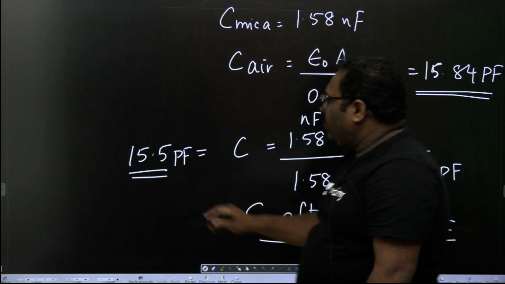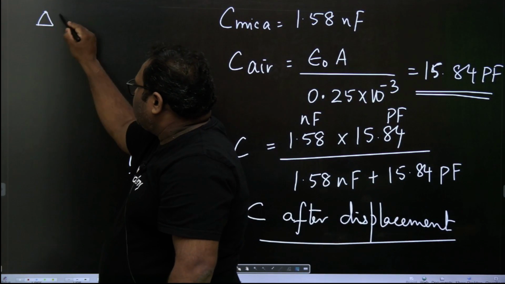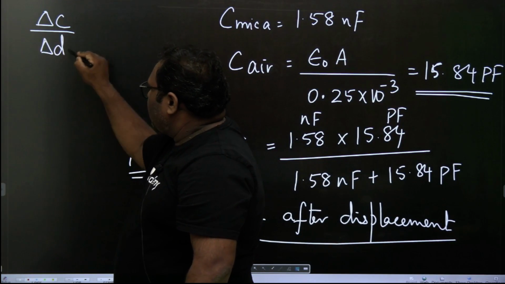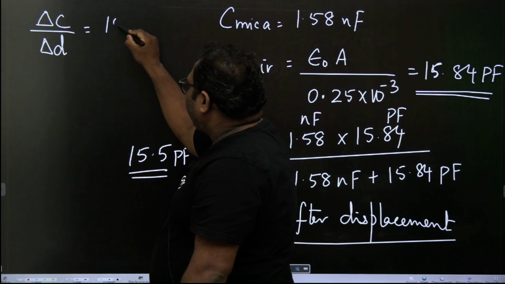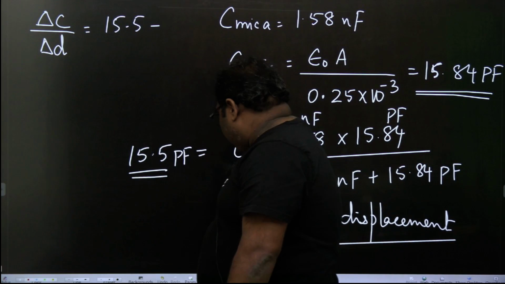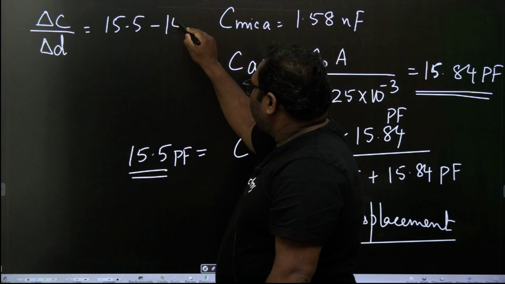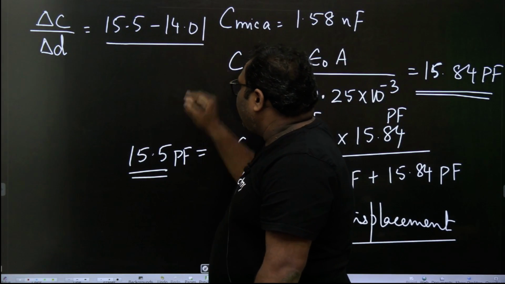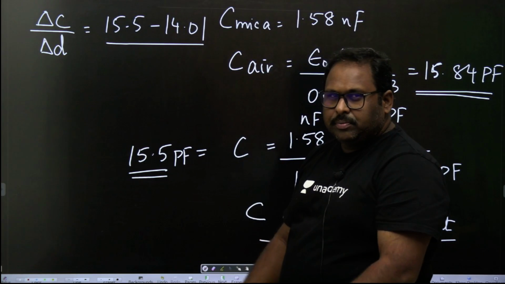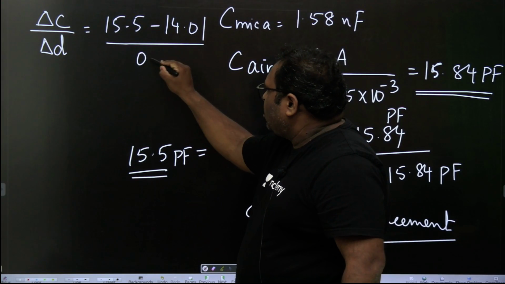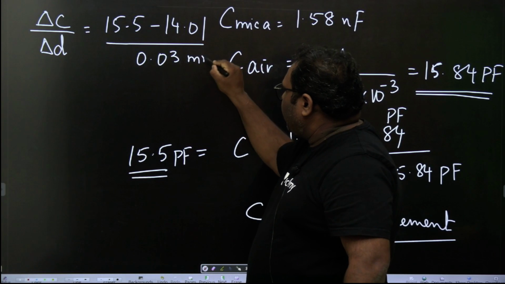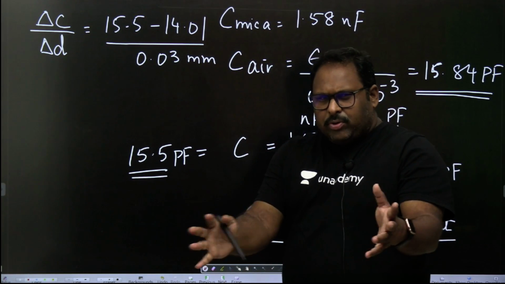So therefore, delta C by delta D is 15.5 minus 14.01 by the change in the displacement, which is 0.03 mm. The displacement was the same.